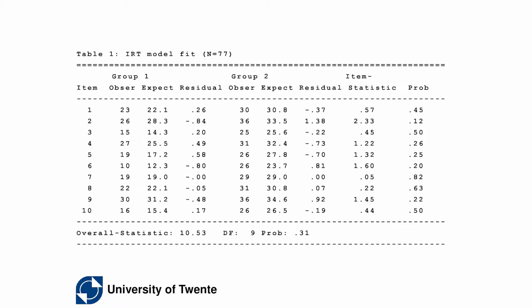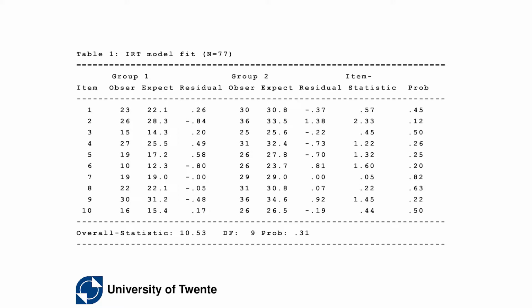If you run a dedicated IRT package, like for instance IRT Pro, which is an often used package at the moment, then you get a table, and in that table there's information about model fit, and usually that information is communicated in terms of observed and expected responses.